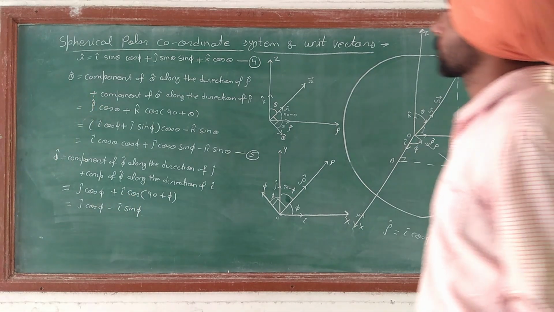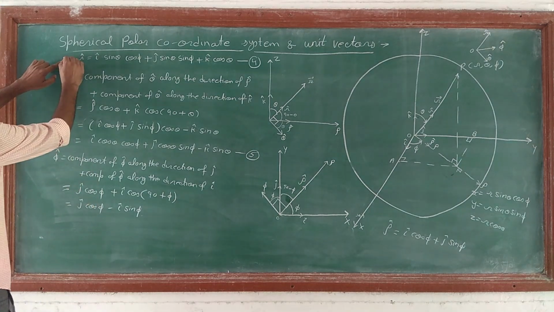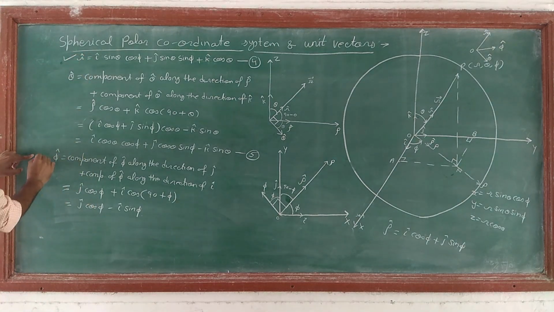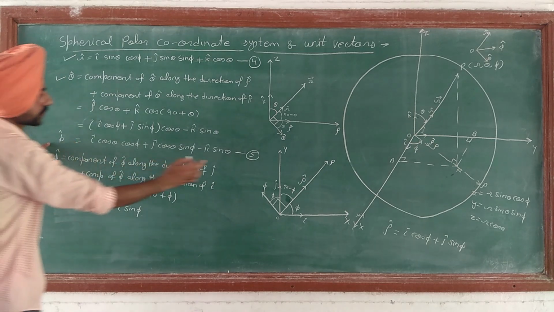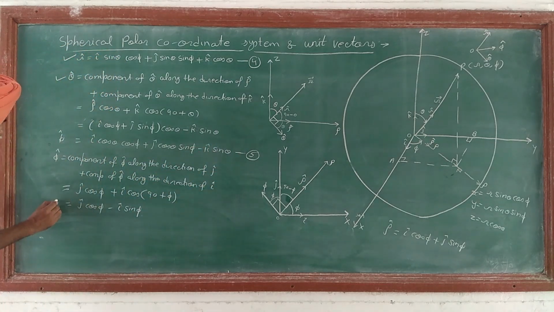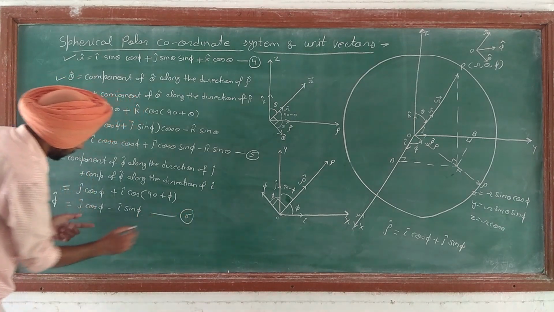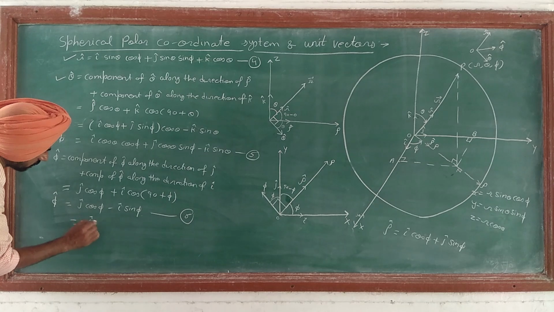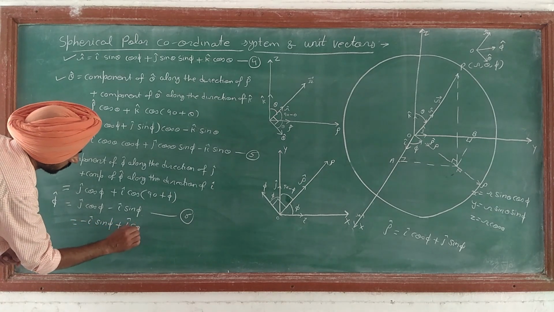So finally we have r cap, theta cap in equation number 5, and phi cap in equation number 6. It's better to rewrite it as minus i cap sin phi plus j cap cos phi.